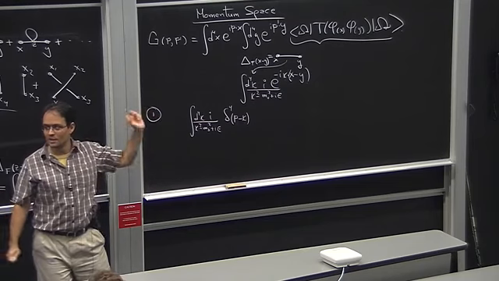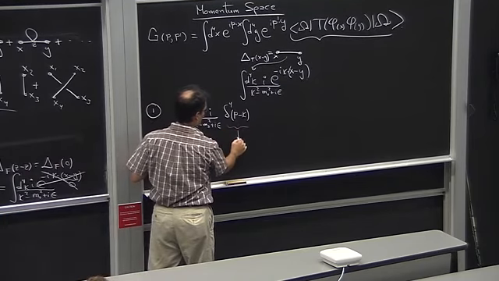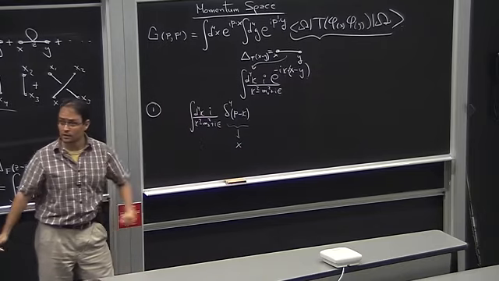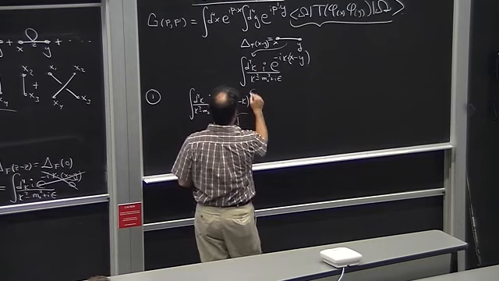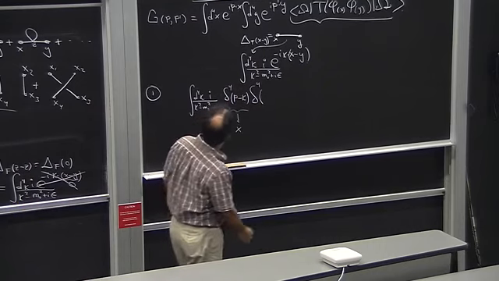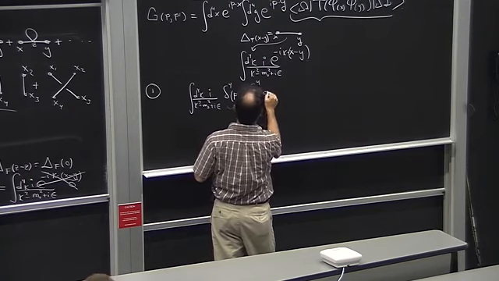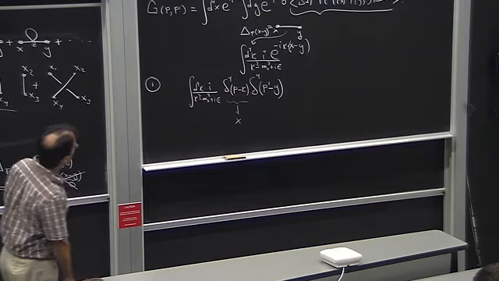Do you agree? That's the integral over x. Now we have to do the y integration. Well, we don't have to, but it would be silly not to do it. So the y integration gives a delta function of p prime minus k.